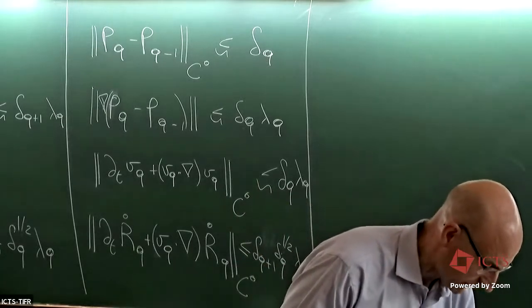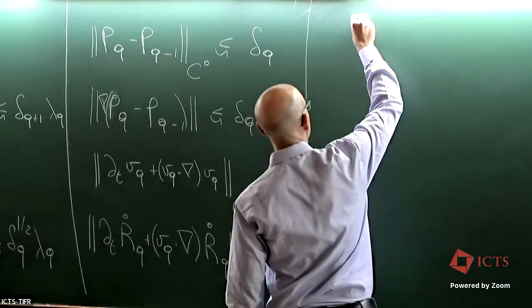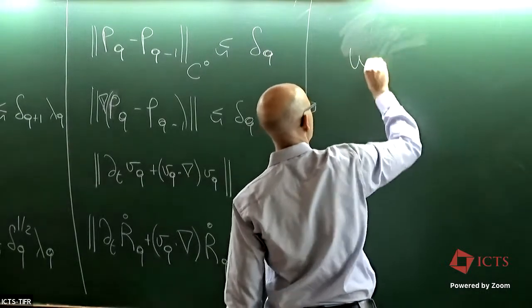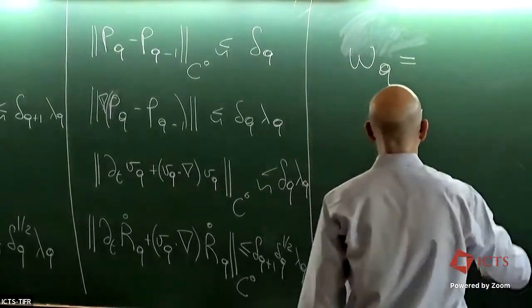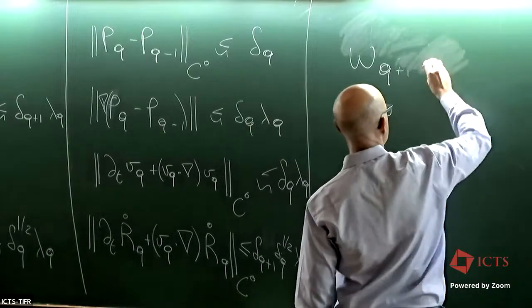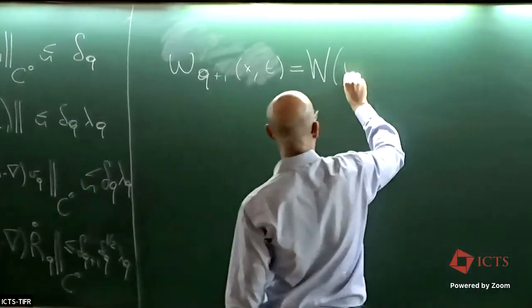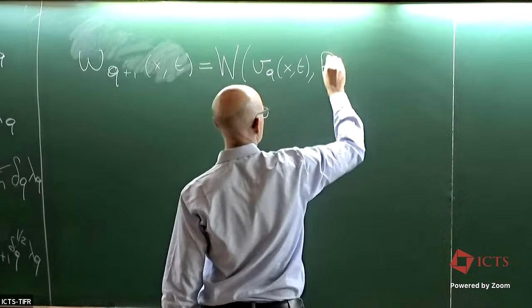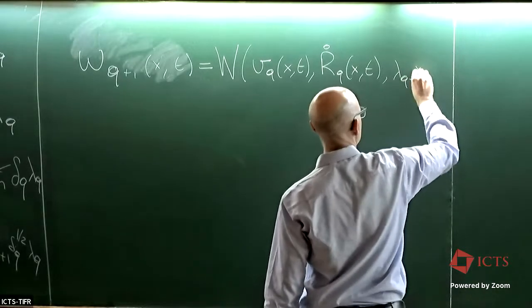Okay, so at this point in my discussion last year's, on Tuesday, we wanted WQ plus 1 to be a function big W, let me put accent, what we call the master function, of VQ of xt, R circle Q of xt, and then we have lambda Q plus 1x, lambda Q plus 1t.